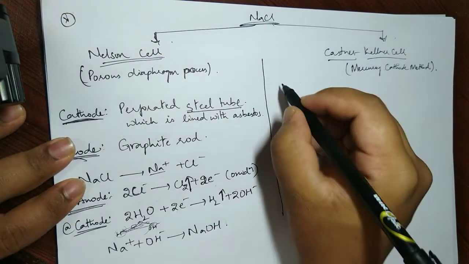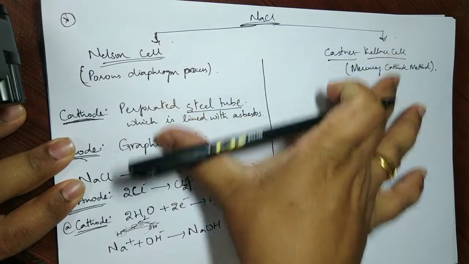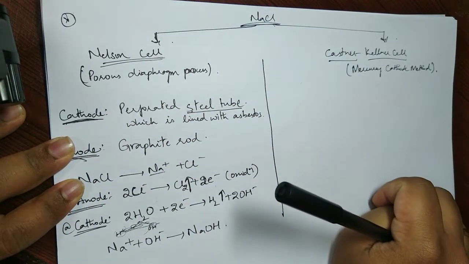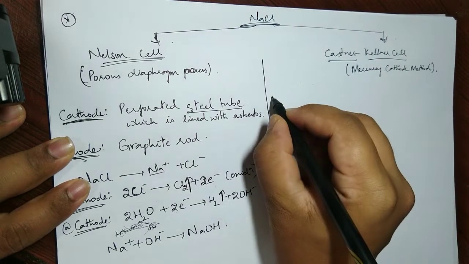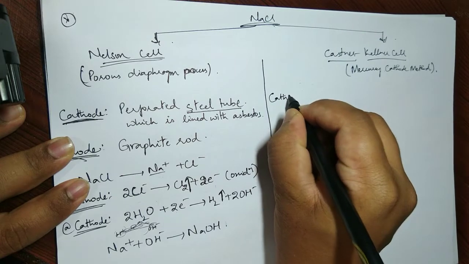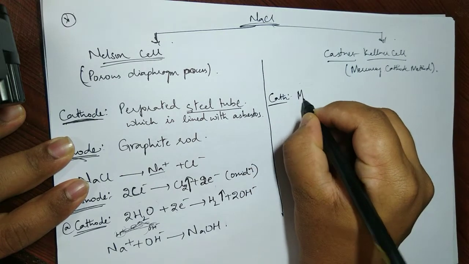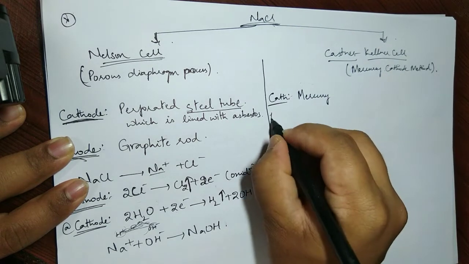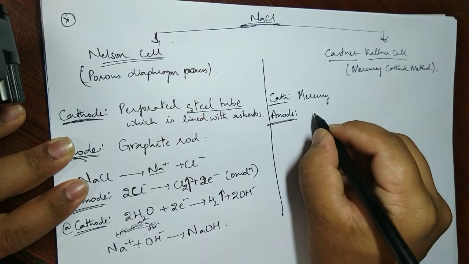And in the Kastner-Kellner cell, there is a very big tank which contains compartments. There are 3 compartments in it. In these 3 compartments the reaction is happening, and what is the cathode and what is the anode, that is important. So the cathode is mercury and the anode is graphite.